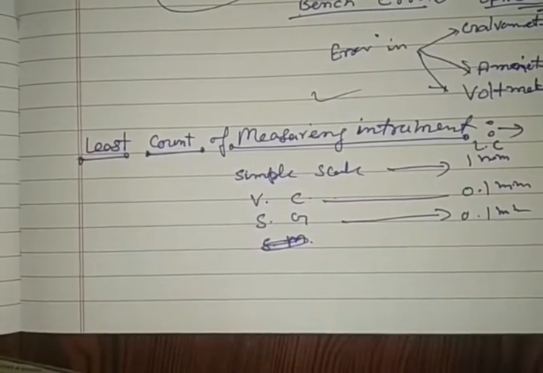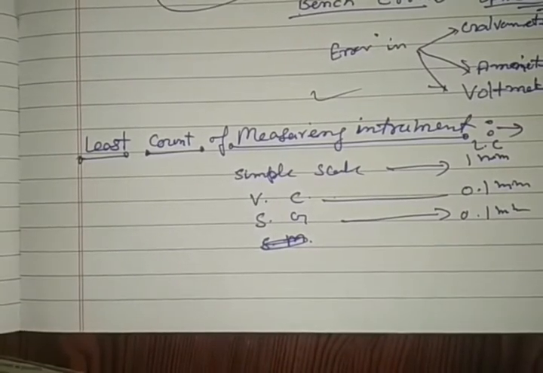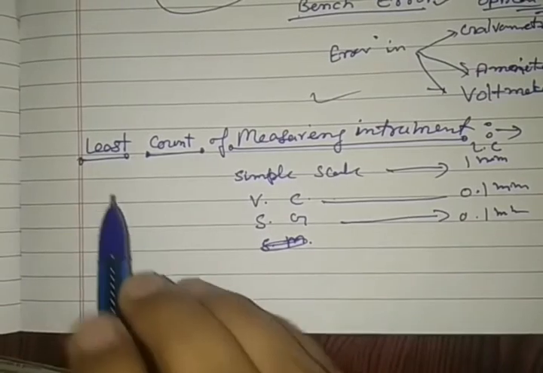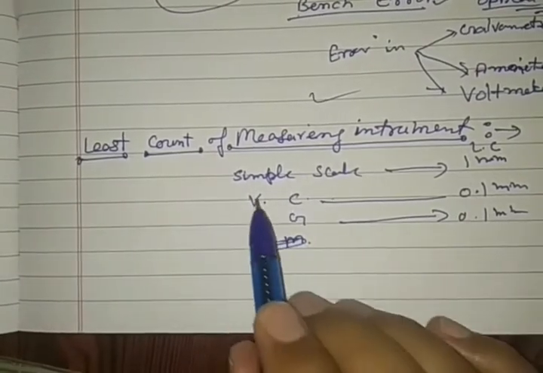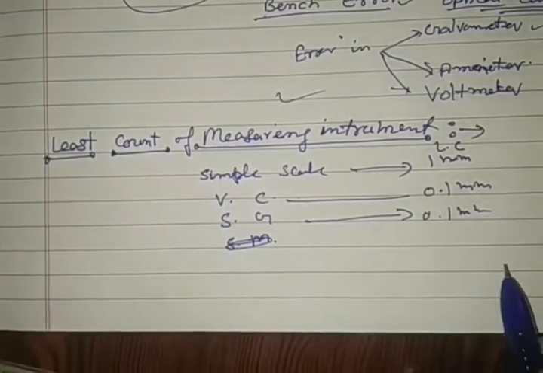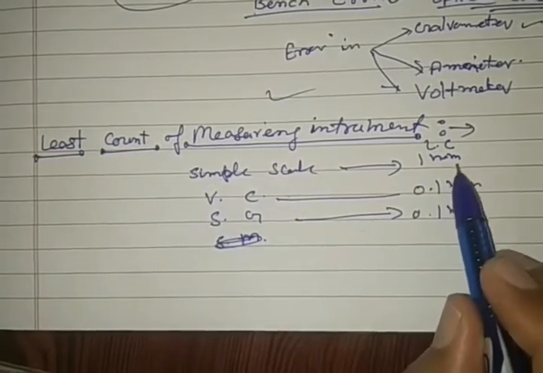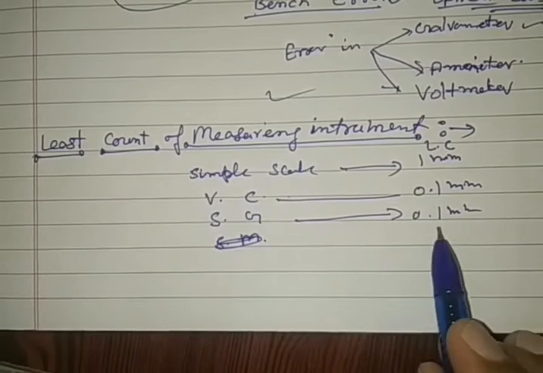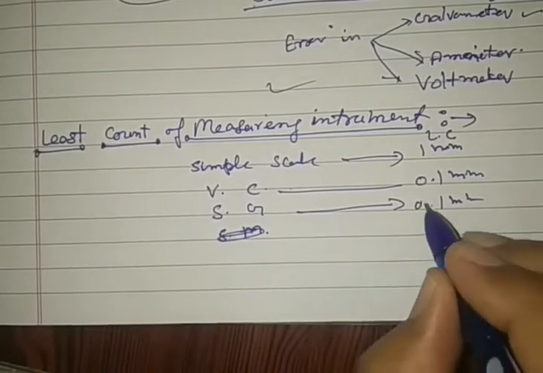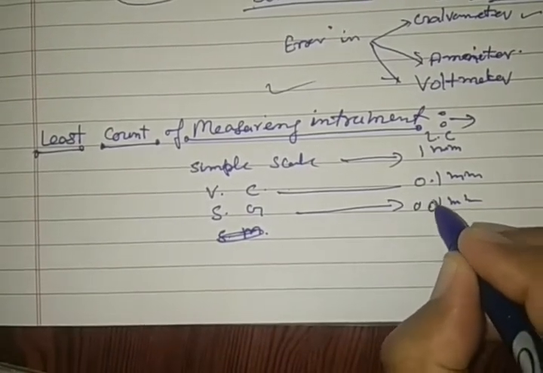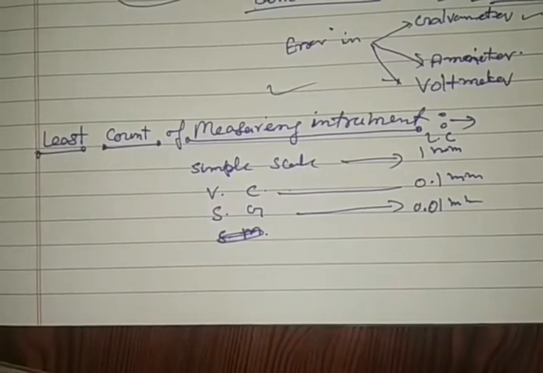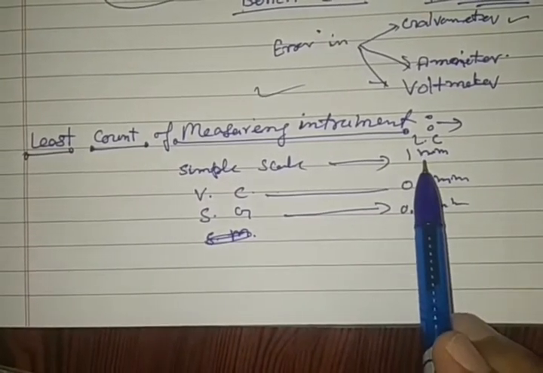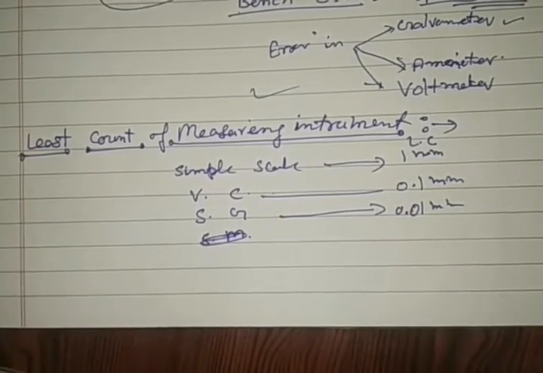I have taken the name of least count three more times in the lecture. So the least counts of some measuring instruments I have written here: simple scale 1 millimeter, vernier scale 0.1 millimeter, and screw gauge 0.01 millimeter. The error basically depends on least count.